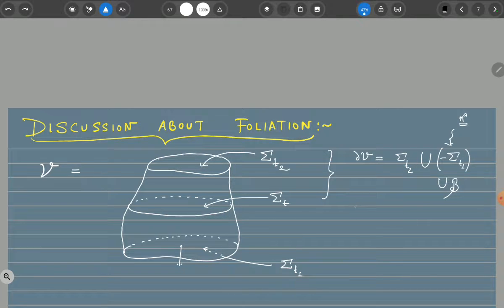And the closed boundary of this generic three-dimensional hypersurface sigma T is denoted by S T. So S T is the boundary of this, and the time-like hypersurface curly B is actually the union for all the values of T of S T. Good.